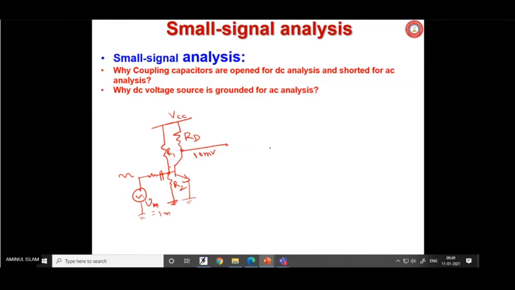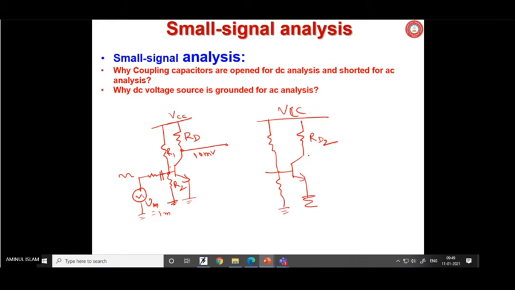Another stage means, once again, you have another RD, say RD2. You have a BJT based amplifier, and you have a voltage divider here. I am replicating the same amplifier, and VCC here.